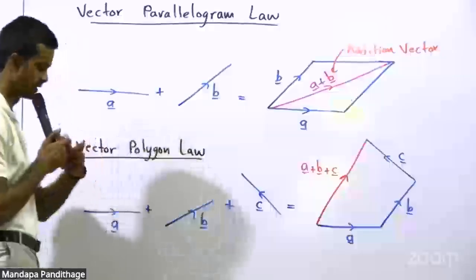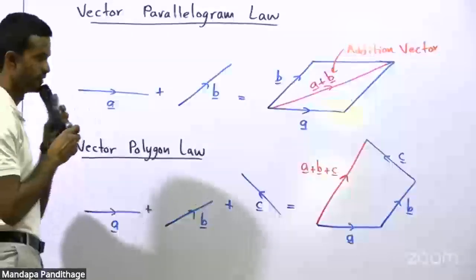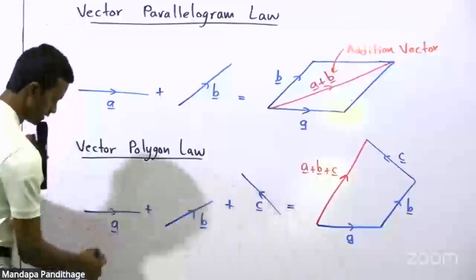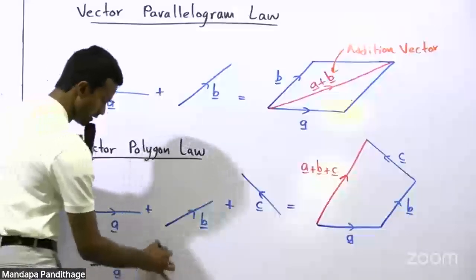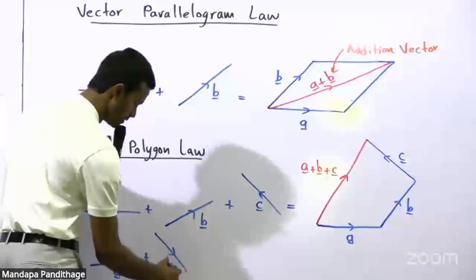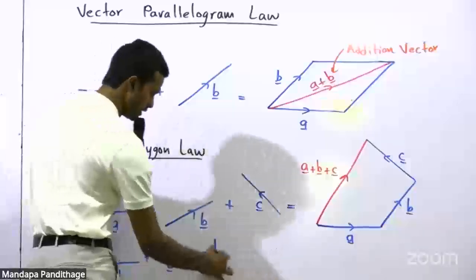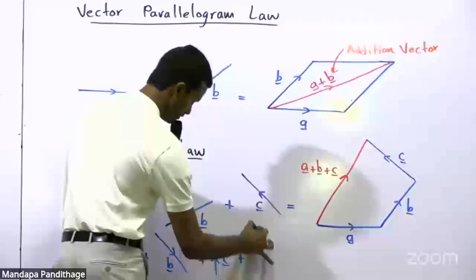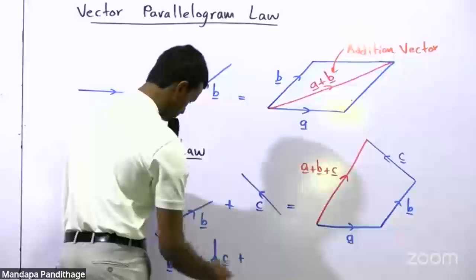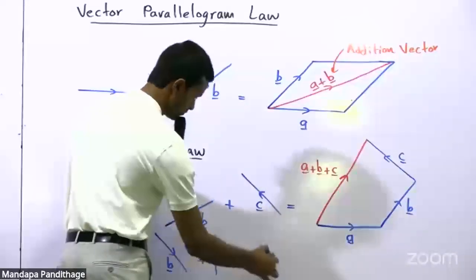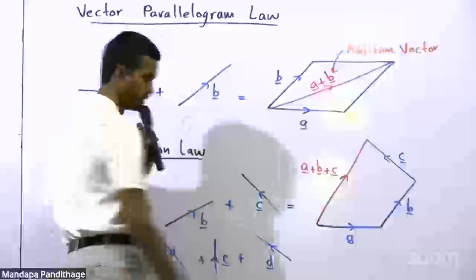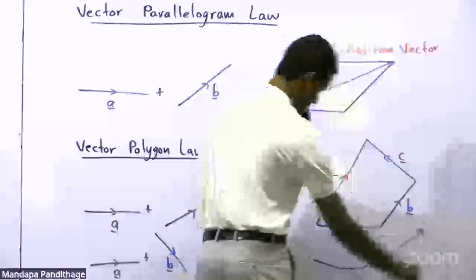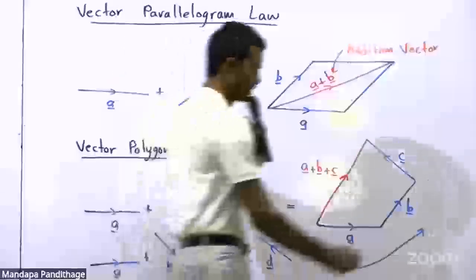So let's say that we have four vectors. We have A and we have B here. We have C going vertically upwards, and D in this direction. Okay, so I'll draw this in here.